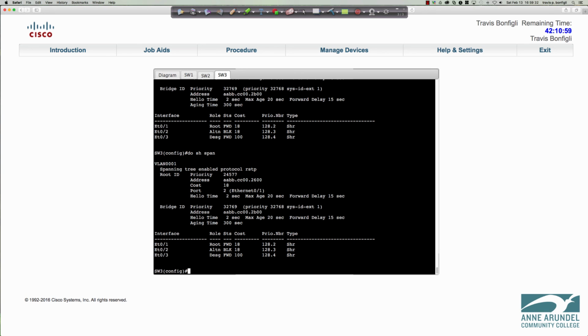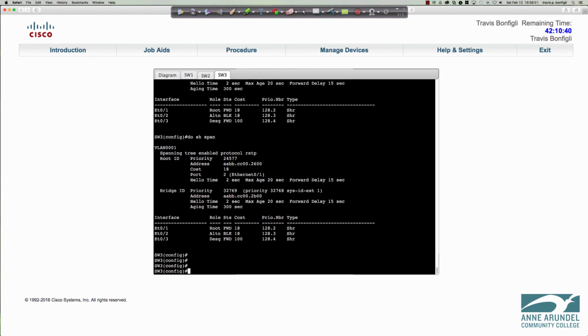So now let's take a look at the proposal process and what that buys us, right? The convergence time of rapid spanning tree protocol is exponentially quicker than the legacy 802.1d spanning tree because of the proposal process.